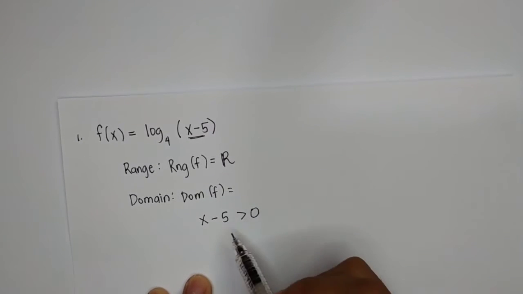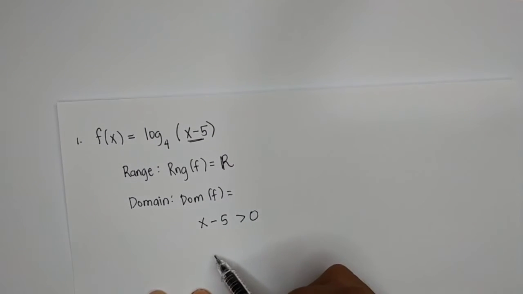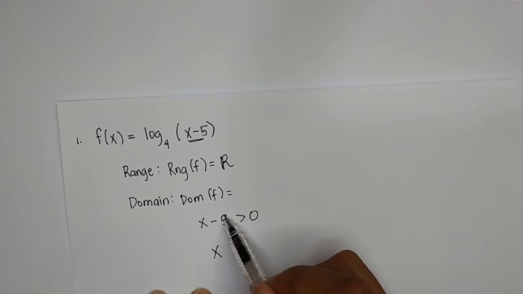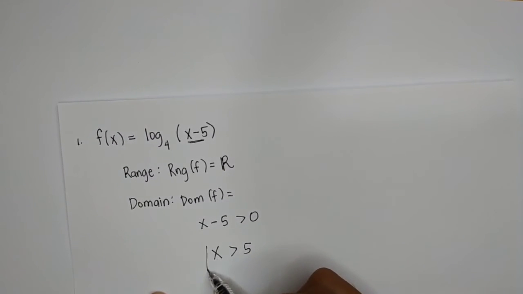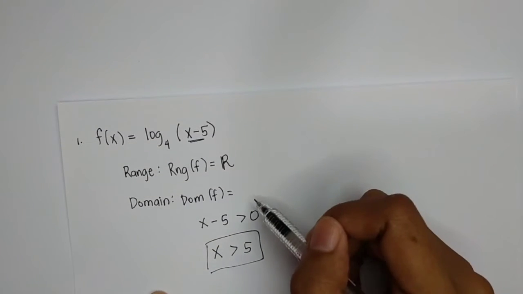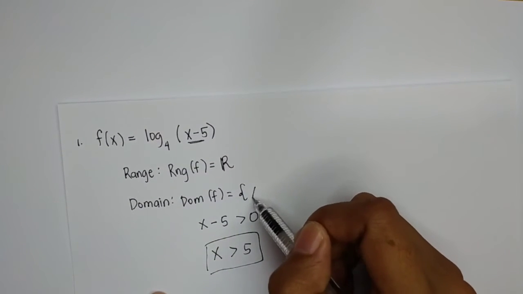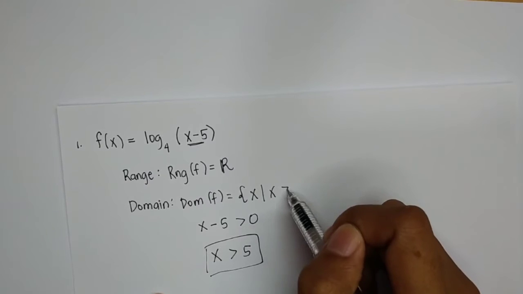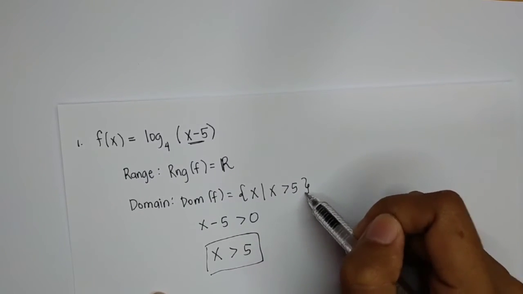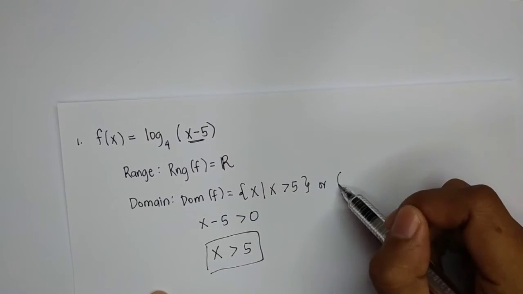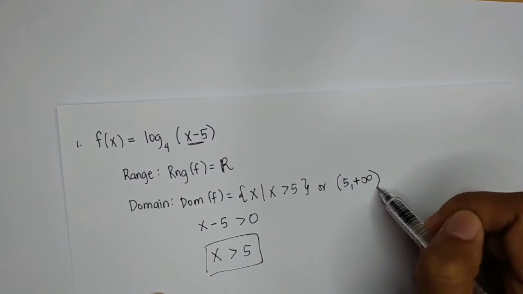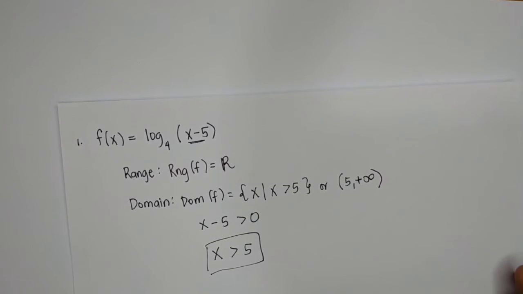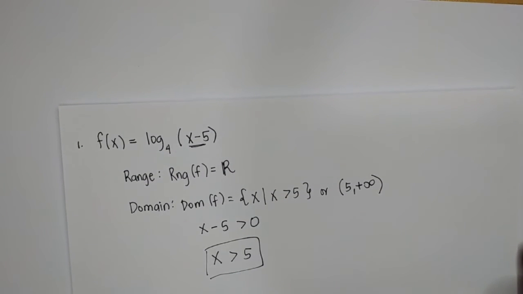Since we have here x minus 5 is greater than 0, we're going to transpose that constant, that will be x is greater than 5. So, dapat mas malaki siya sa 5. That can be written as the set of all x such that x is greater than 5, or that can be 5 to positive infinity. So, ganyan yung pagkakasulat ng domain and range natin.